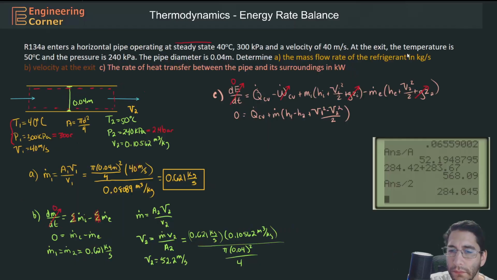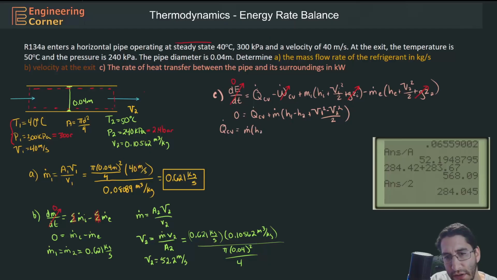So let's put everything together; we're solving for Q dot. Q dot of my control volume is equal to, well, I'm going to move this mass flow rate to the other side, and when I move it, really only my subscripts switch.